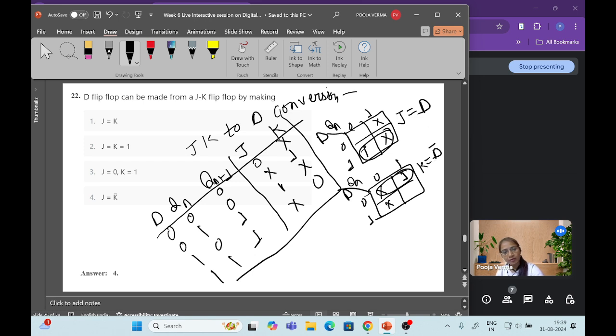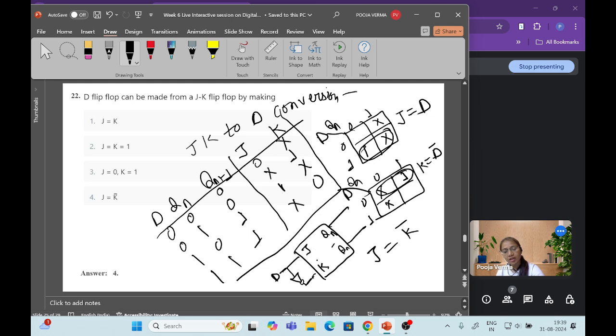So from here we can also say that J is equal to K dash. This is JK to D flip-flop conversion.